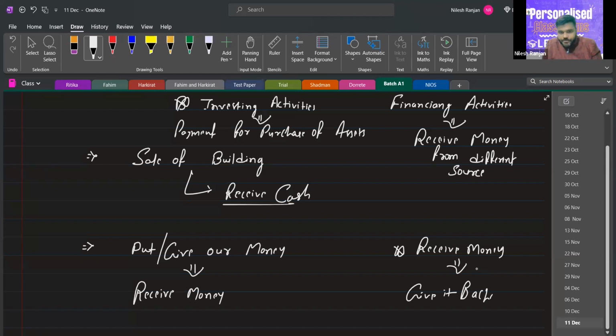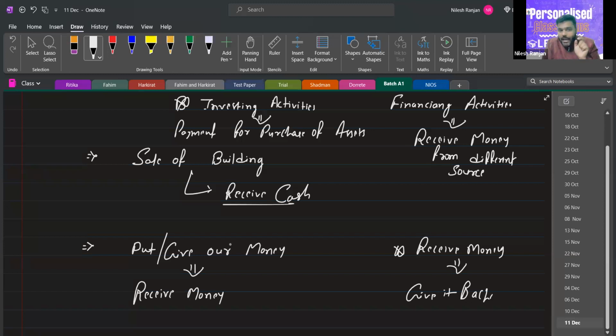And in investing activities, you have to invest your money first. You will purchase a building first, then only you can sell it. If you purchase a building, then either you will receive rent from it or you will sell the building and receive cash.